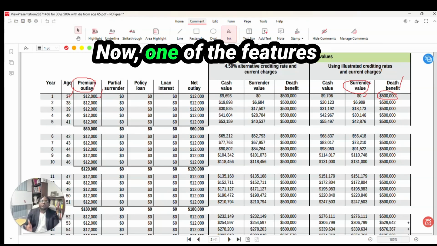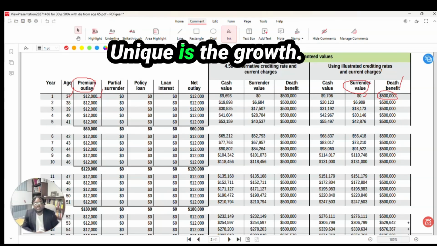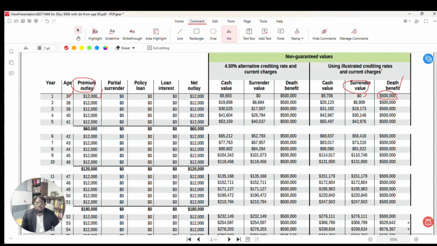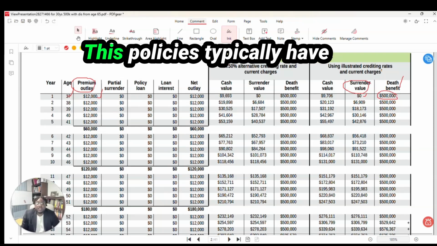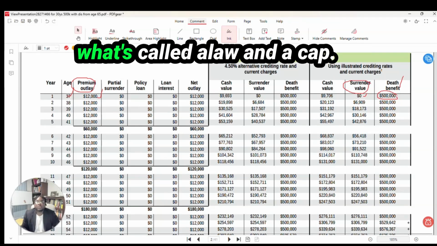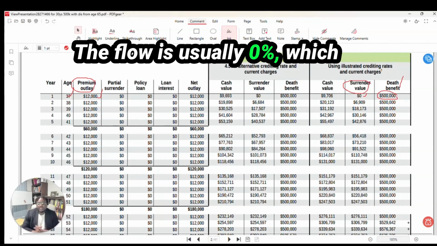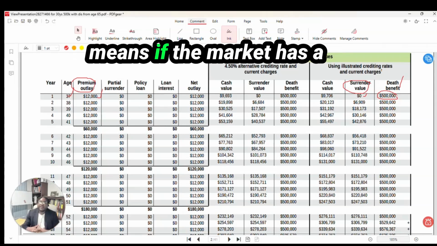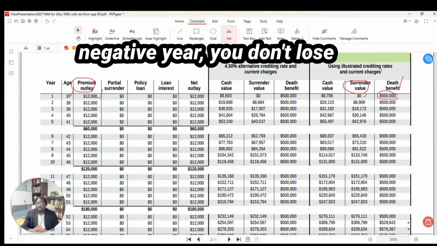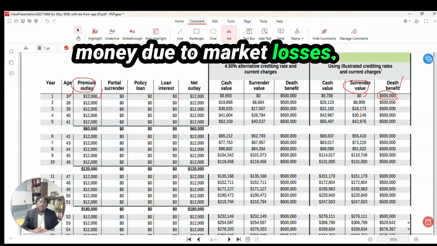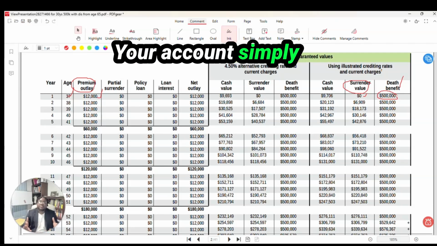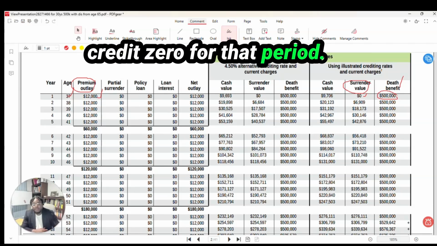Now, one of the features that makes an IUL unique is how the growth works. These policies typically have what's called a floor and a cap. The floor is usually 0%, which means if the market has a negative year, you don't lose money due to market losses. Your account simply credits zero for that period.